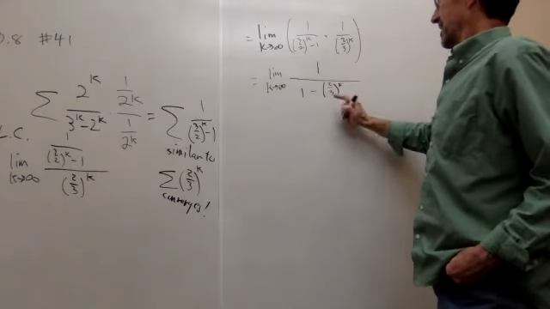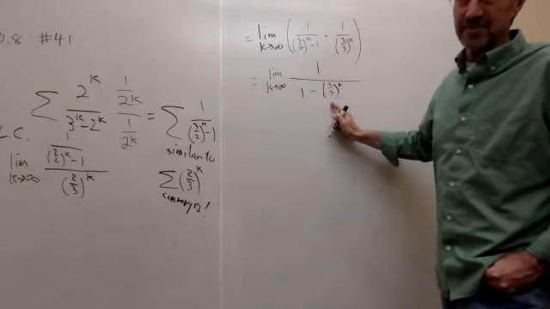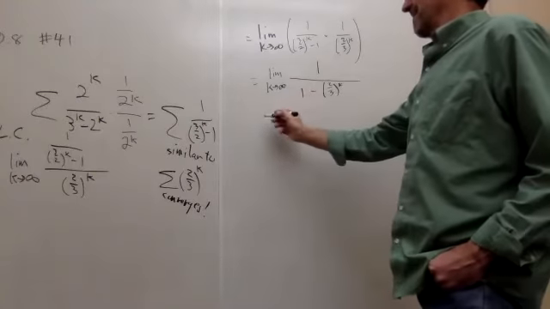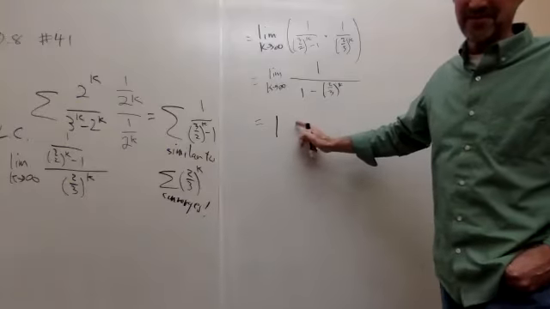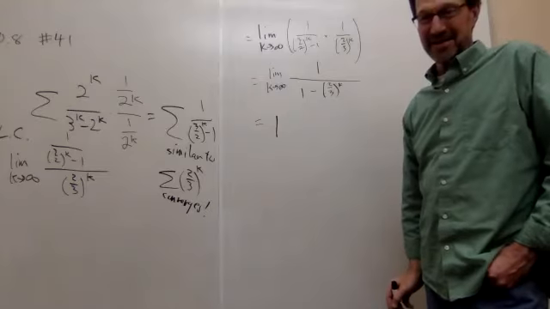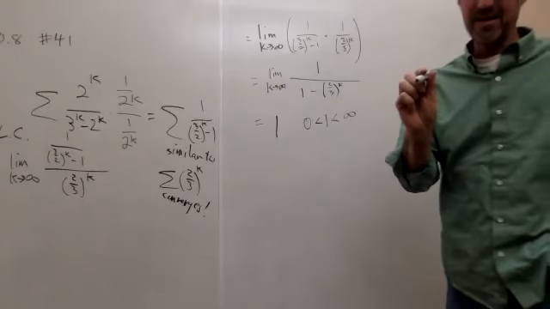Now as k goes to infinity, what does 2/3 to the k do? Goes to 0. So what's the limit? 1. So what does 1 mean for the limit comparison test? It behaves the same.